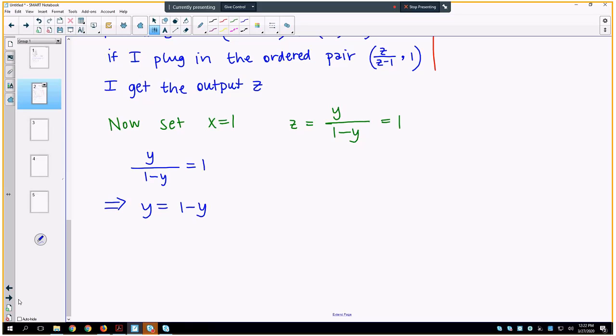And so I can say then 2y is equal to 1. So y equals 1/2. So I have a solution for if I fix my x equal to 1, then when I put y equals 1/2, I should get 1 as the output.